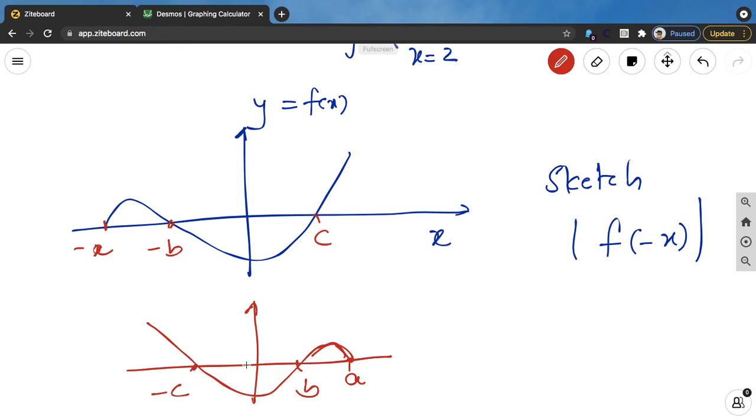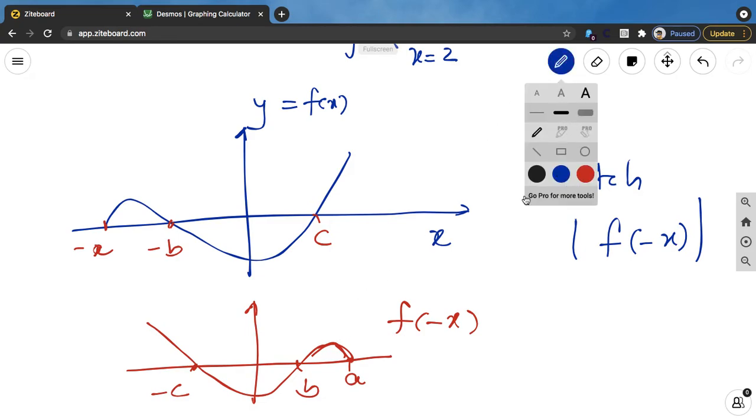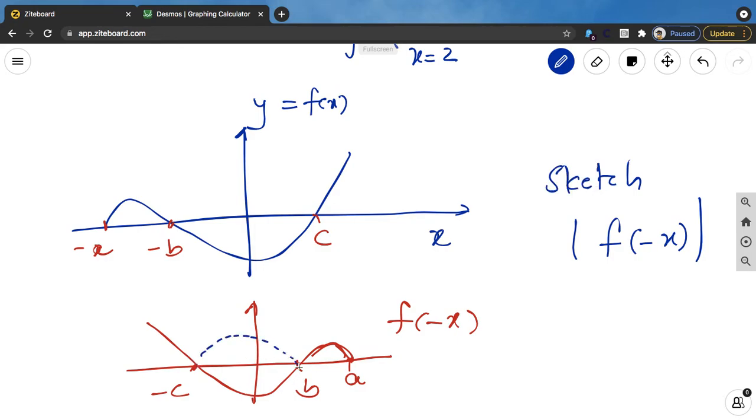So that's the kind of symmetry I'm showing. This is f of minus x. It flips. The right goes to left and left goes to right. What about modulus? Well, modulus will take the negative portion of the graph and flip it to the positive part. Nothing else. So it doesn't change anything else there.